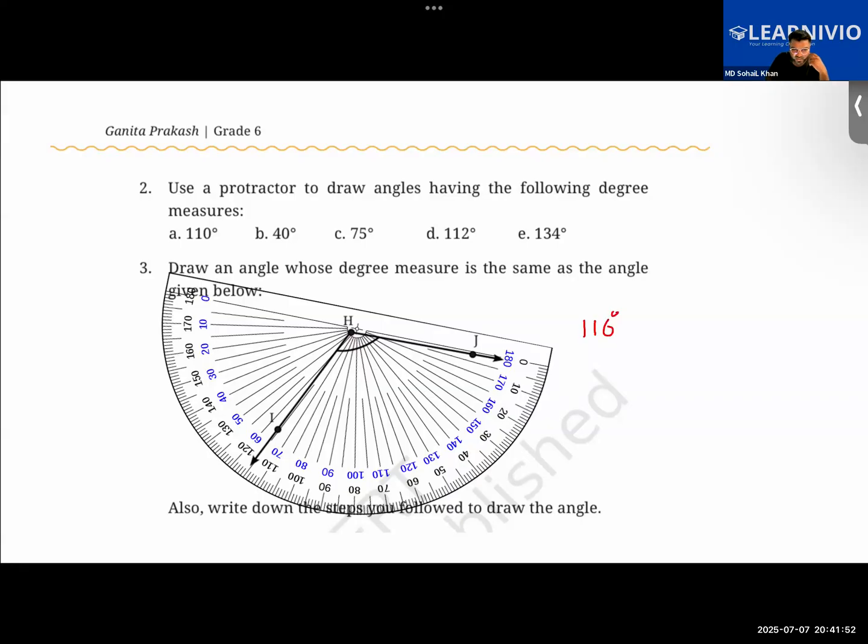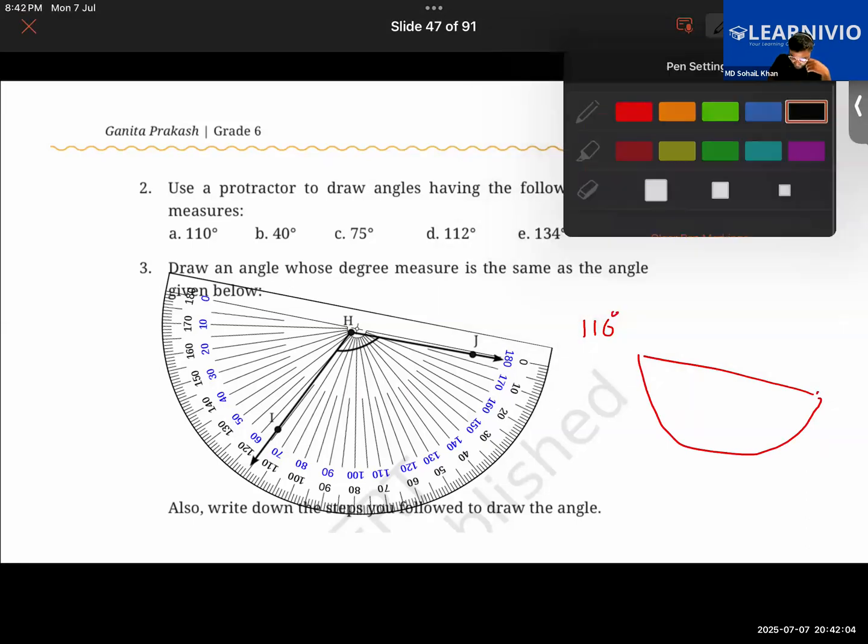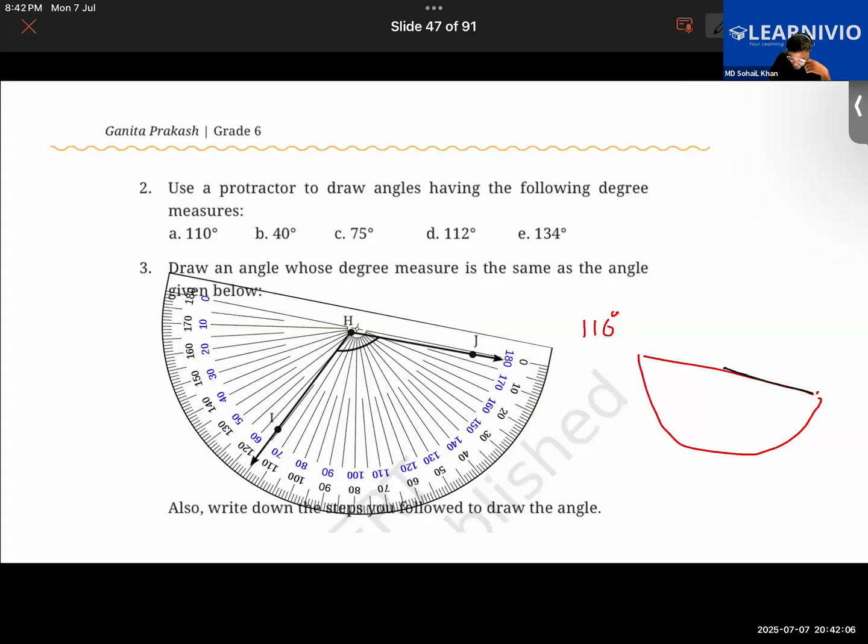So now using the protractor, you will be drawing the same angle. What you have to do is take the protractor here. Then you will draw a line over here like this. And you will see where 116 degrees is on the protractor. It will be exactly between, over here.